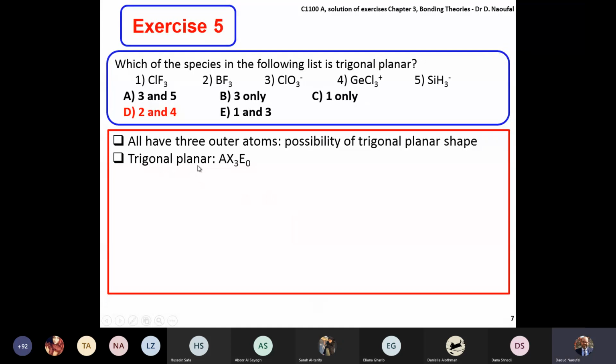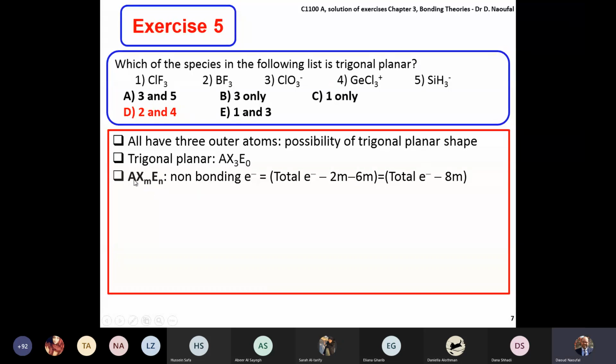The trigonal planar shape is AX3E0. This is the simple form. I will prove a formula. What is the number of non-bonding electrons?